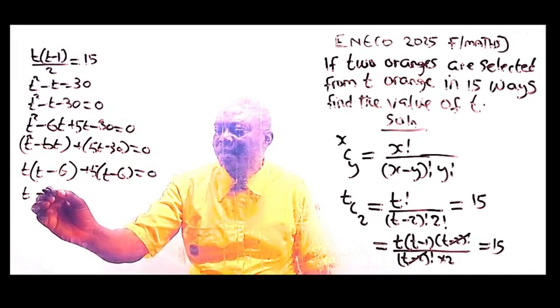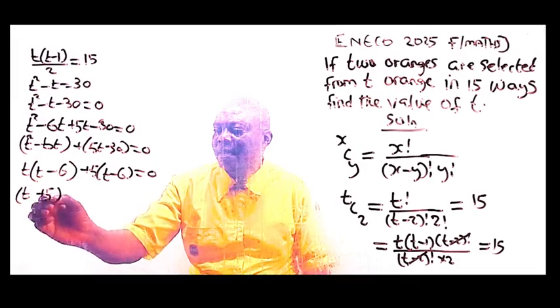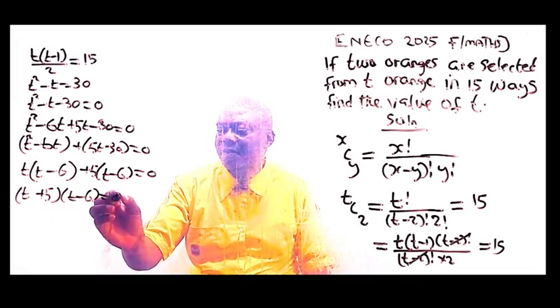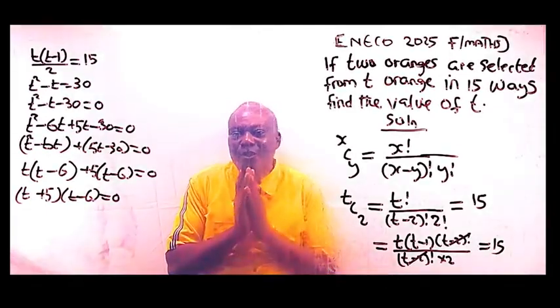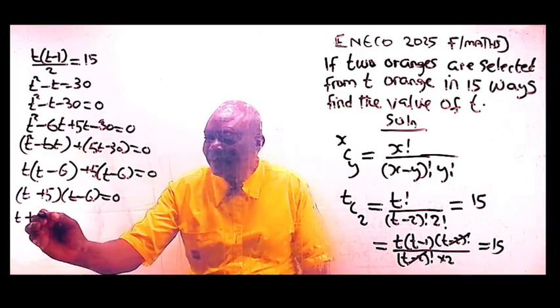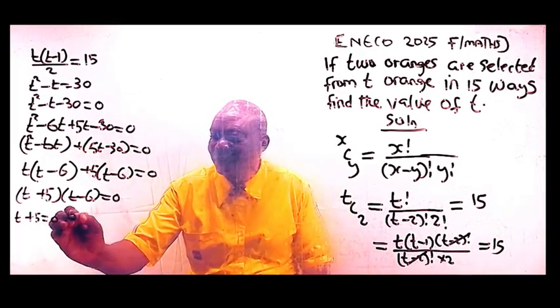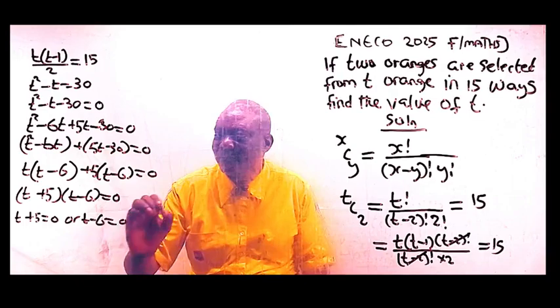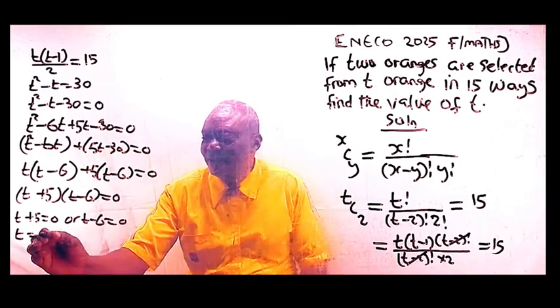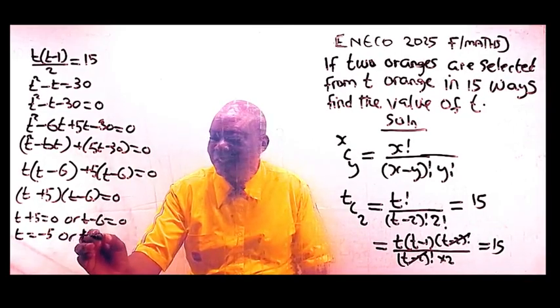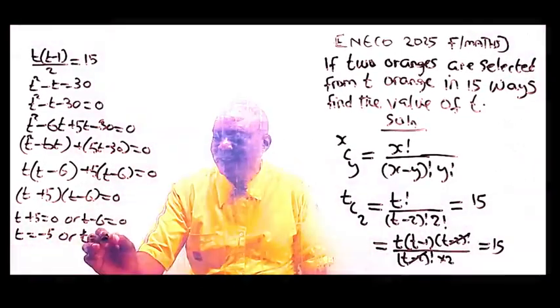So (T plus 5) multiplied by (T minus 6) equals 0. So for this to be true, either T plus 5 equals 0 or T minus 6 equals 0. Therefore, T equals minus 5 or T equals 6.